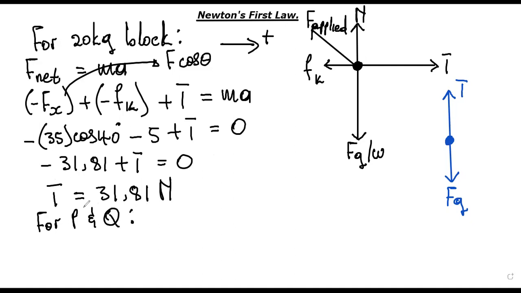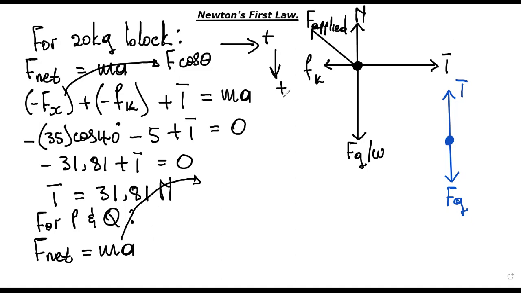What is happening with P and Q? Well, we tell them the same thing, that the net force acting on this combination is equal to MA. We always start with the principle. Fine. What is this net force? So because we said anything that goes to the right is positive, it means anything that goes down is positive as well, because this combination of blocks is going down.